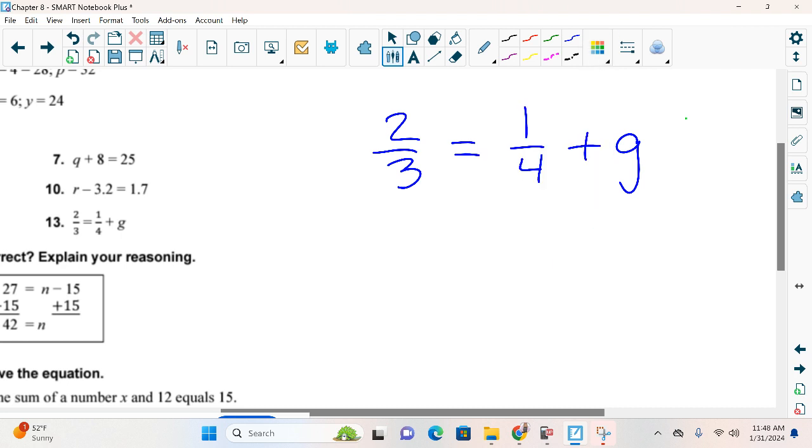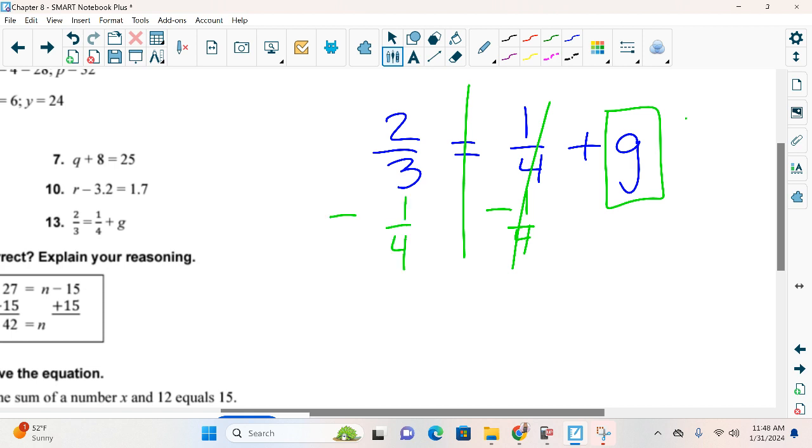All right, so we want to chop it still. We're still going to box it. And we're still going to do the opposite. What operation is happening right now? Addition. So we want to do the opposite, which is subtraction. Minus 1/4.